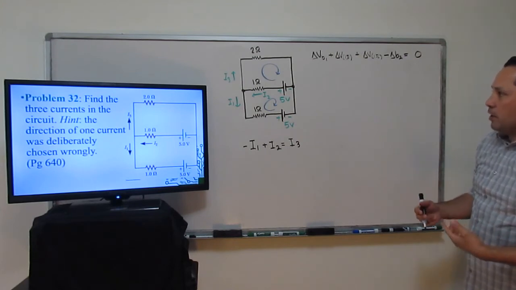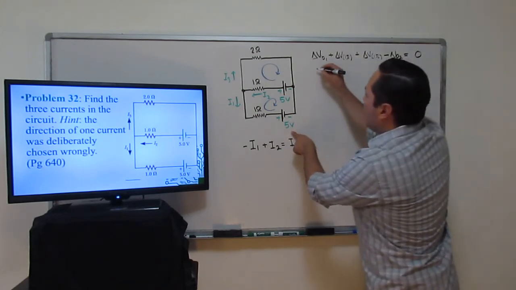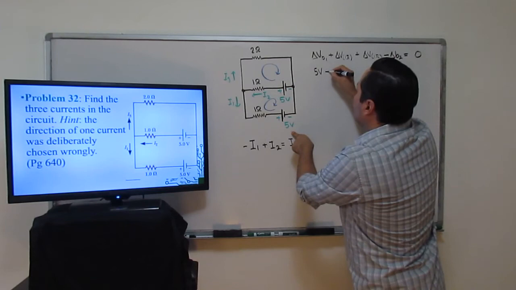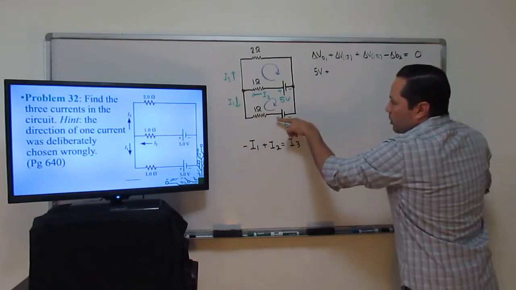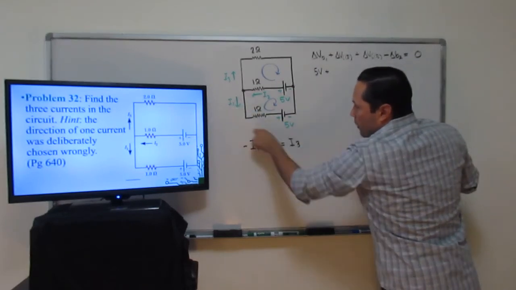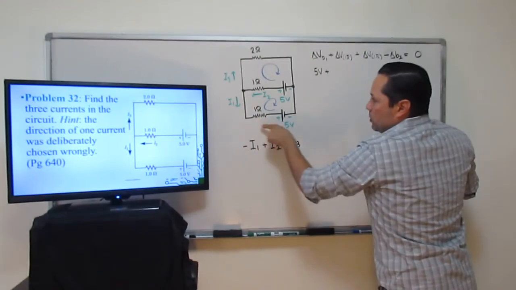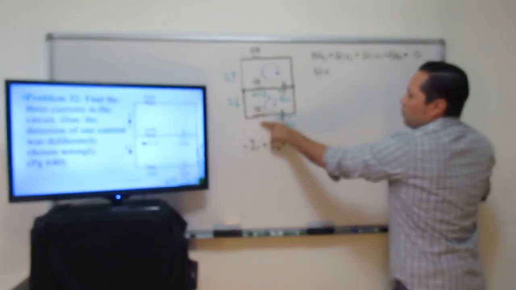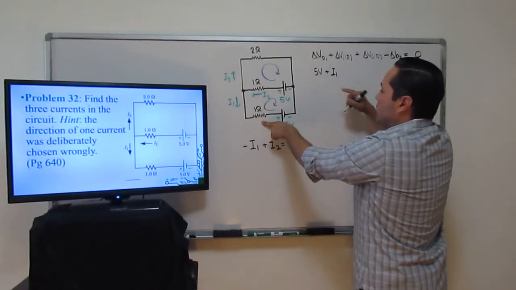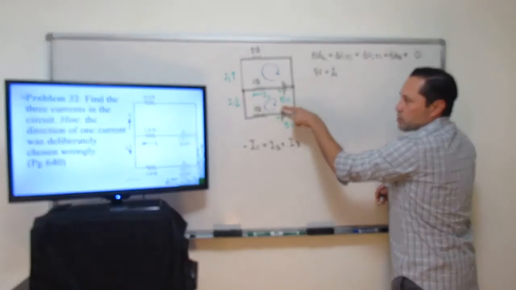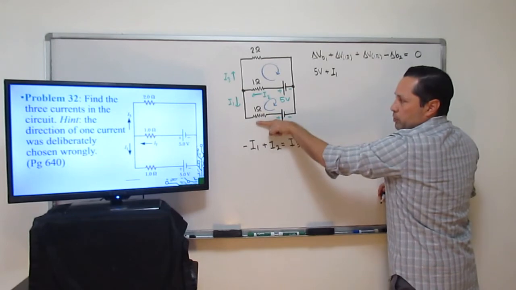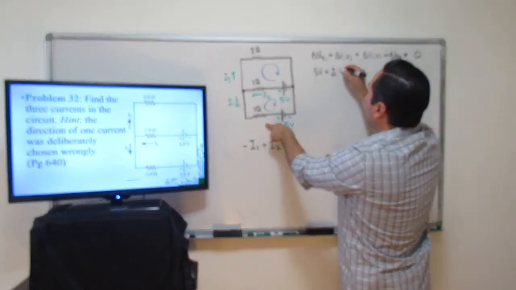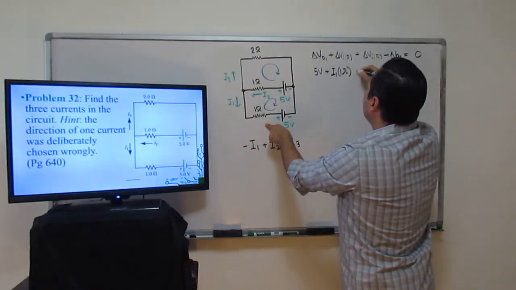Now let's flesh this out a little bit, plug in the values. For the first battery, it's 5 volts, and then that's going to be plus. Now notice that we're going this direction, so we're going with the current, so it's going to be the current I1 positive, because our loop arrow is going with the current, and then 1 ohm.